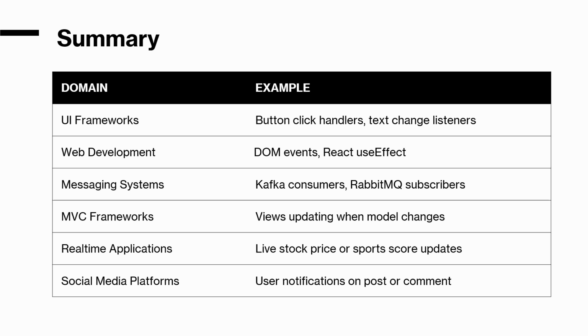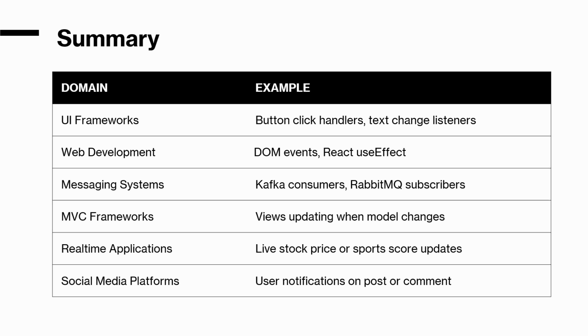The observer design pattern is also used in Kafka consumers, RabbitMQ subscribers. These are different message queues. Publishers push some messages in the messaging queue, and then there are different subscribers which are continuously listening for those messages.